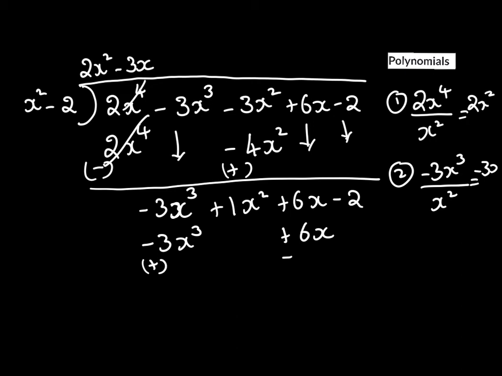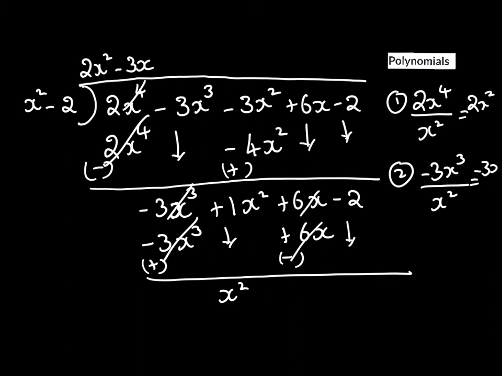Subtract. We get, bring down this as it is, and 6x minus 6x is 0, and bring down this. We continue the division process. The third term of our quotient, we divide x squared by x squared, which will be 1.